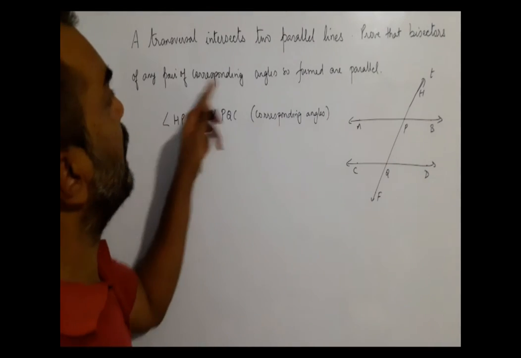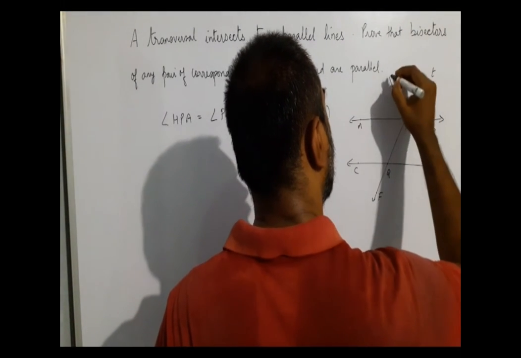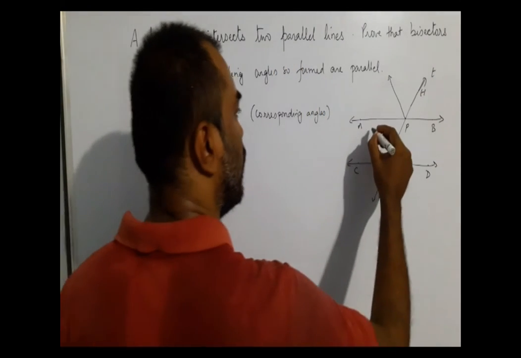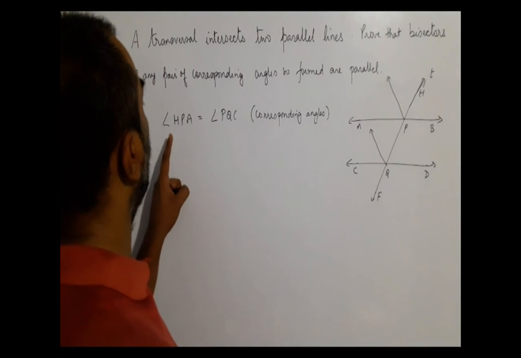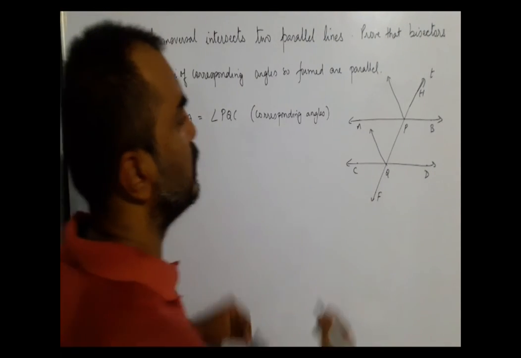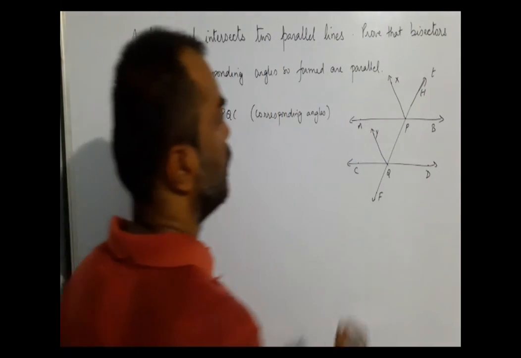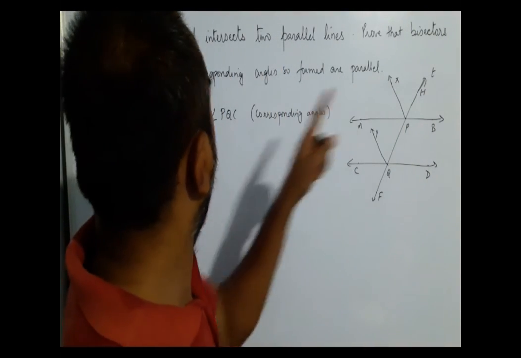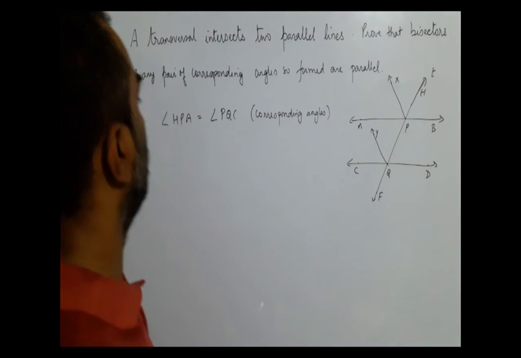We have to draw the bisectors. So what is a bisector? A bisector is a ray which divides the angle into two equal parts. So I am going to bisect HPA and PQC. Let me call these X and Y. So PX bisects HPA and QY bisects PQC.